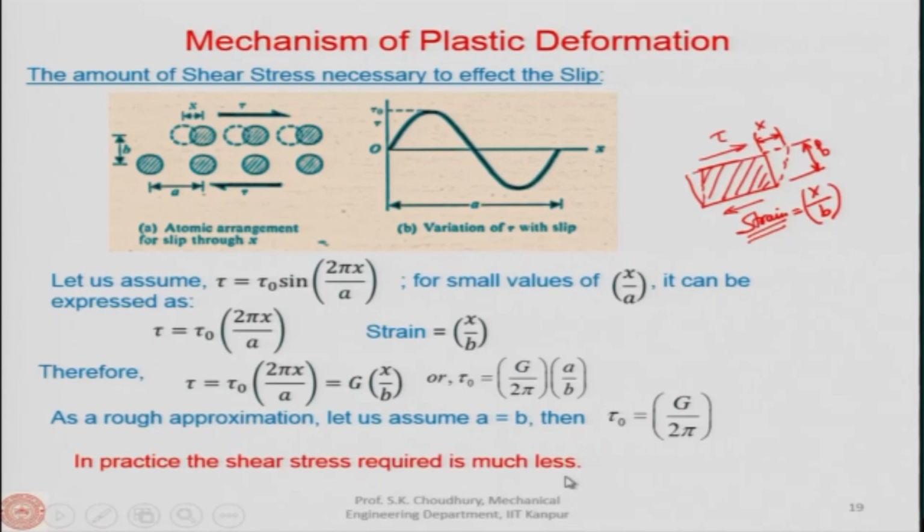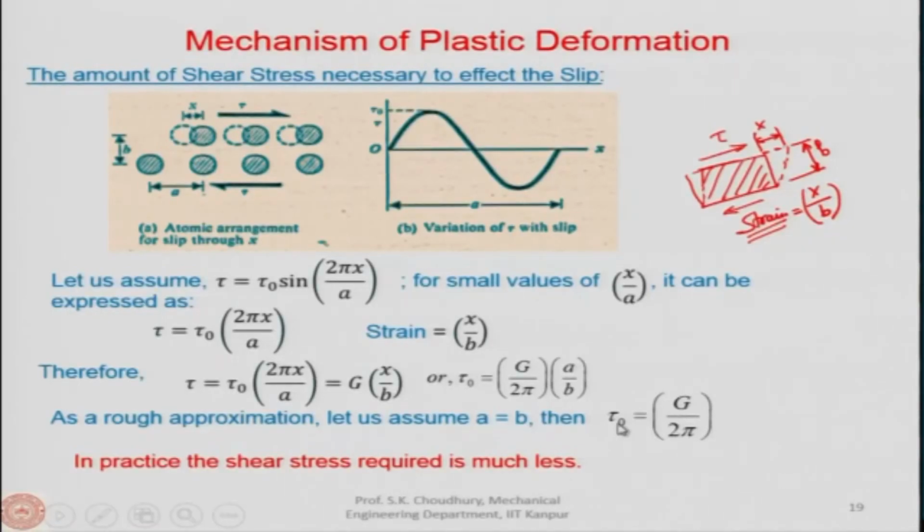What we actually apply is much less than G by 2 pi, and G is constant. You understand that this is the strength of material in principle. So, this will be a constant value for the material, and the tau 0 required, of course, varies from material to material depending on the strength of that particular material. More the strength, more the stress that will be required.